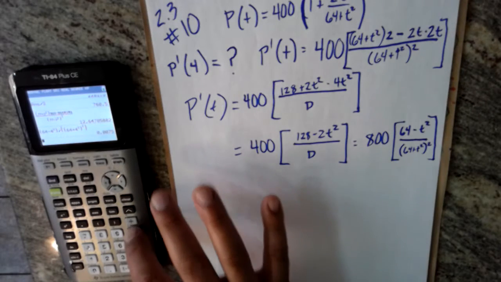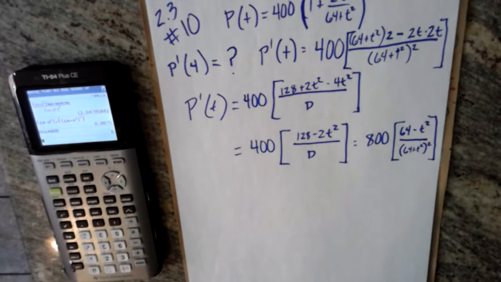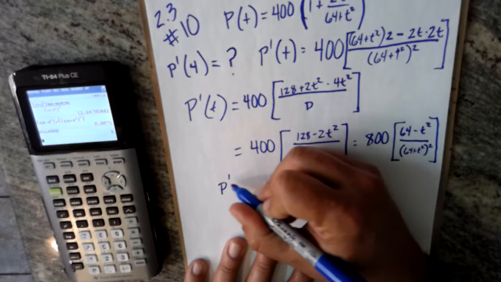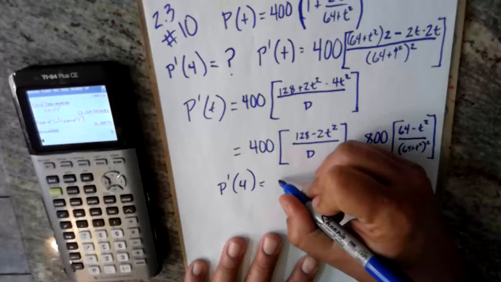Take that, multiply by 800, and you get 6. Isn't that convenient? So P prime of 4 equals 6.